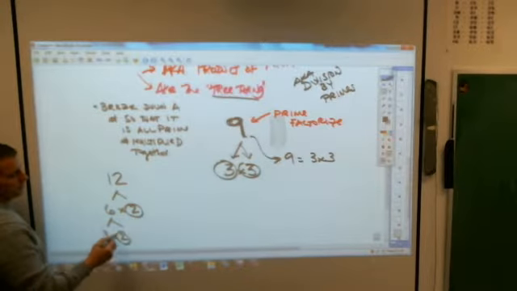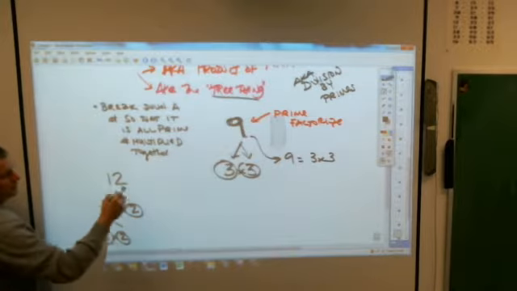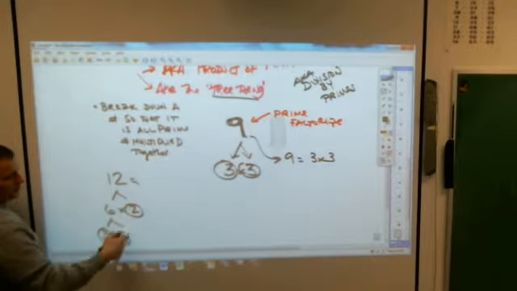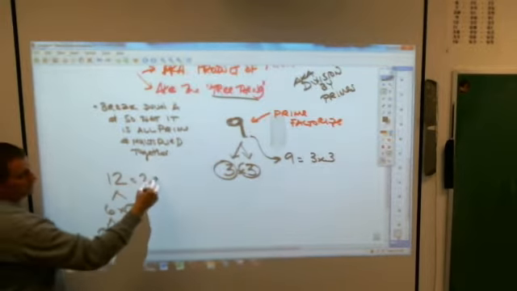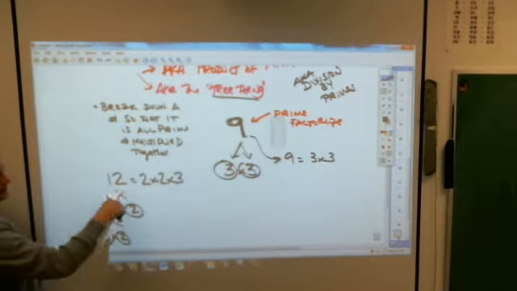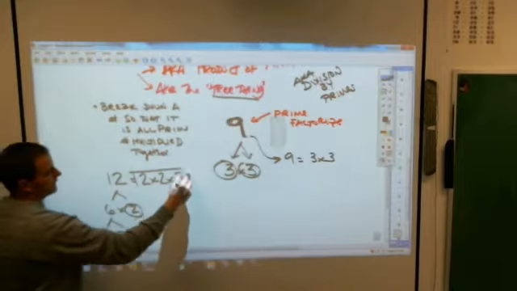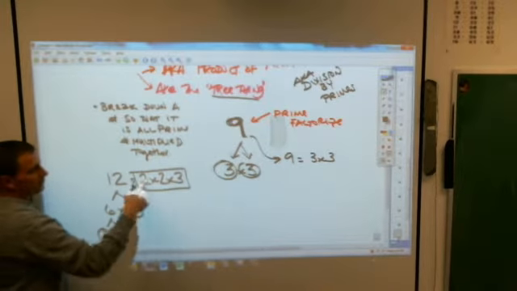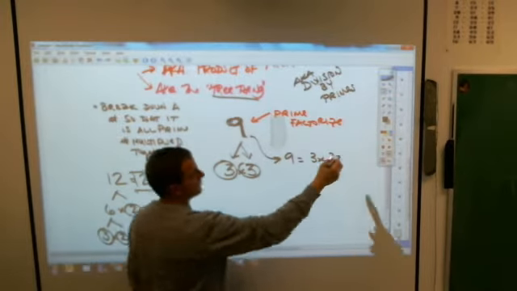And both of those are prime numbers, so you can stop. So, if you break down 12, you end up with 2 2's and a 3. 2 times 2 times 3. And this is your product of primes. If I remultiply that, I get 12.